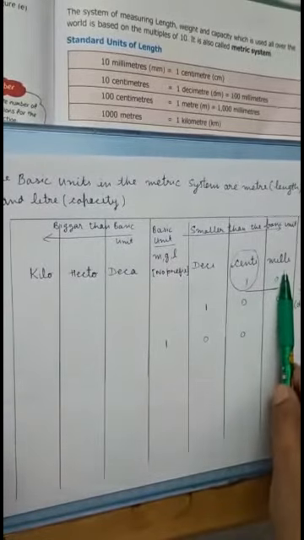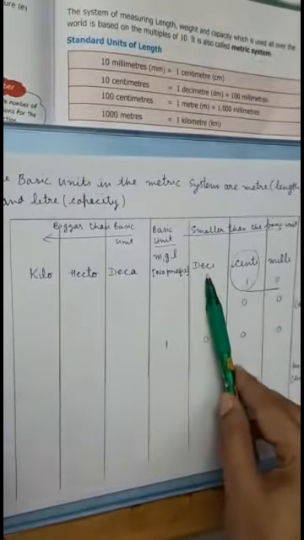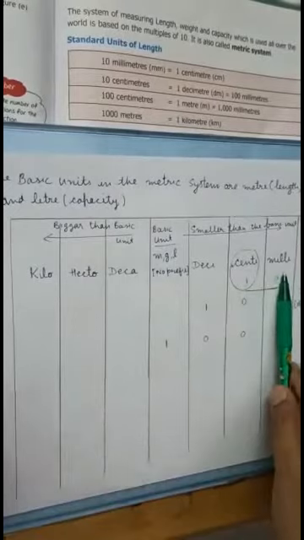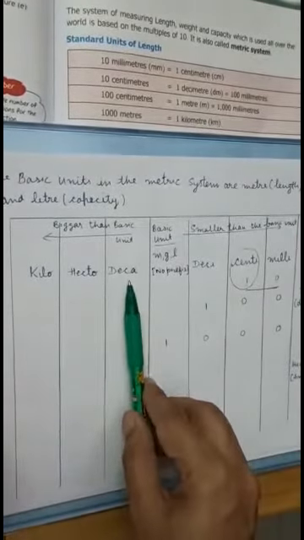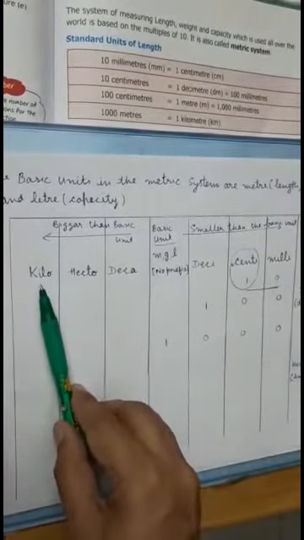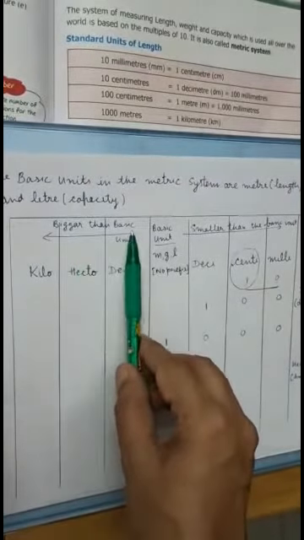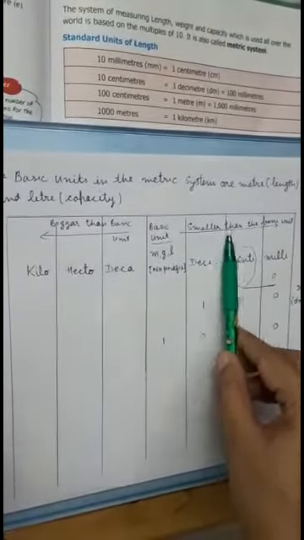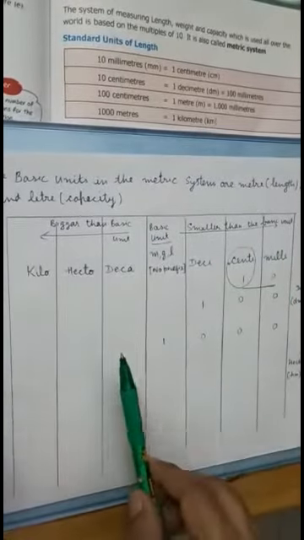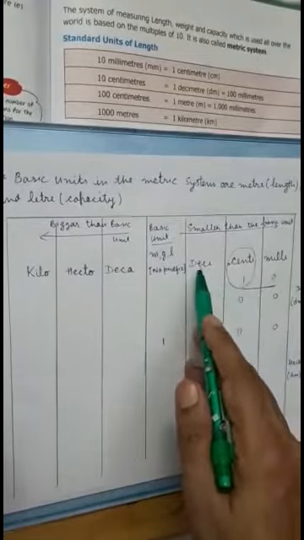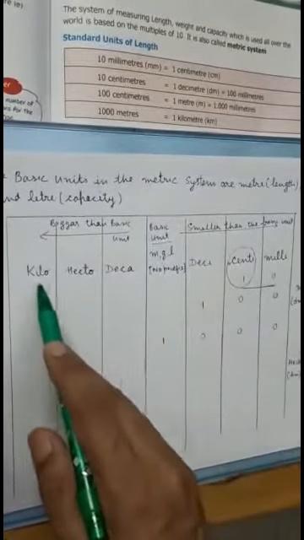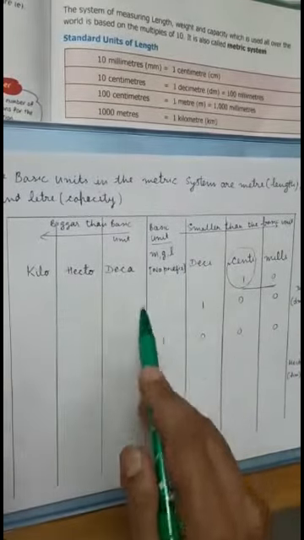In case of length, it will be decimeter, centimeter, millimeter, and three are bigger than the basic unit: decameter, hectometer, kilometer. So these are the bigger units than the basic unit and these are the smaller units than the basic unit. These are the prefixes: deci, centi, milli, deca, hecto, kilo. We write them with the basic unit.